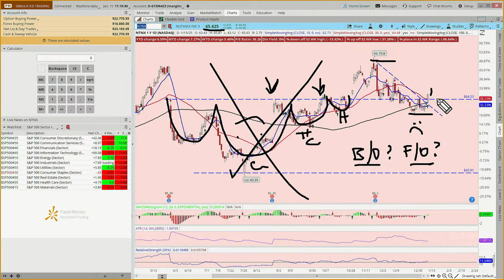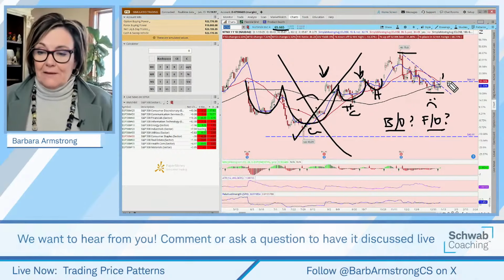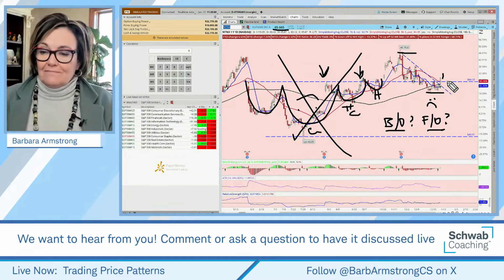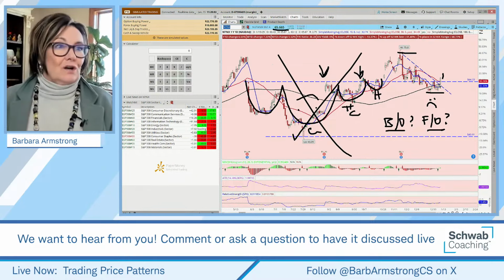We can just get a part of the move. We could get 20% of it, 40% of it, 60% of it, and that can work out quite nicely. And then sometimes it's not going to work out well at all, and we have to plan for that as well. Okay, so with that one, we're going to wait.